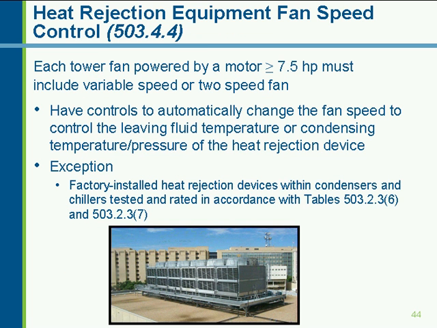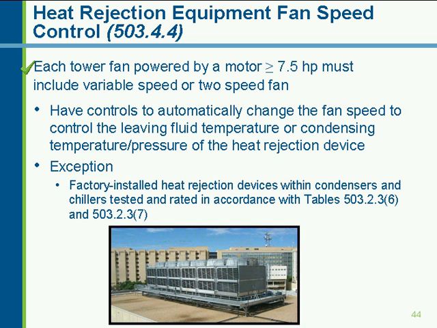Cooling tower heat rejection equipment requirements. Each tower fan or heat rejection equipment fan powered by a motor greater than or equal to 7.5 horsepower must include a variable speed drive or a variable speed or two-speed fan. They need to have controls that automatically change the fan speed to control the leaving fluid temperature or the condensing temperature or pressure of the heat rejection device.